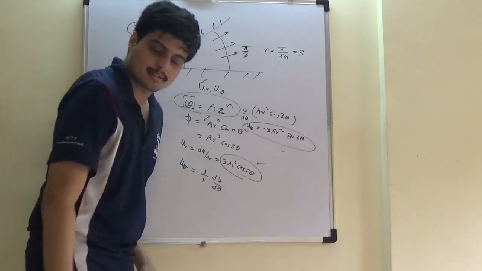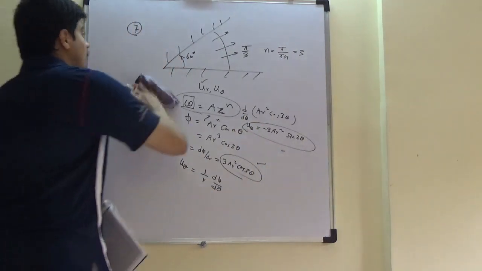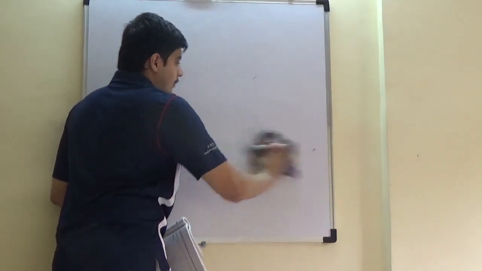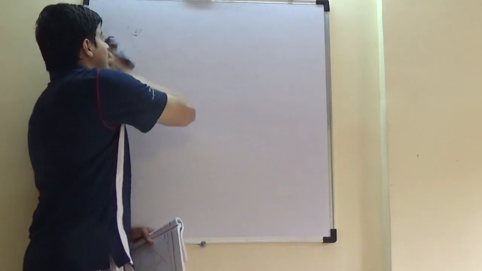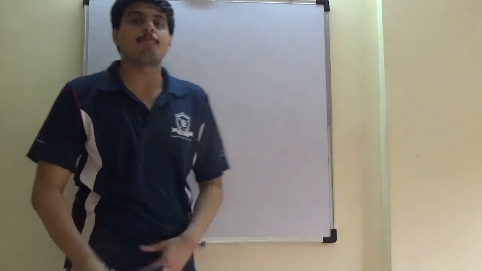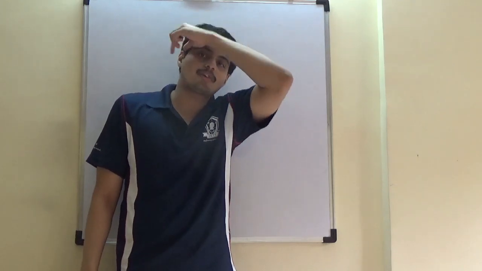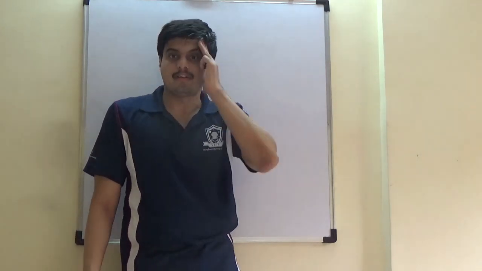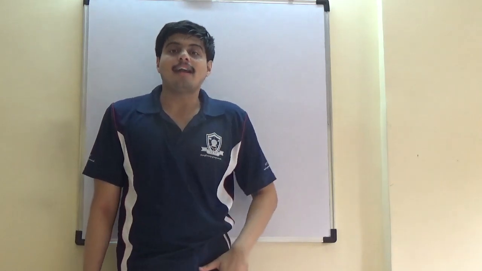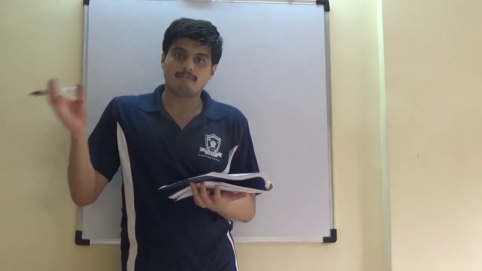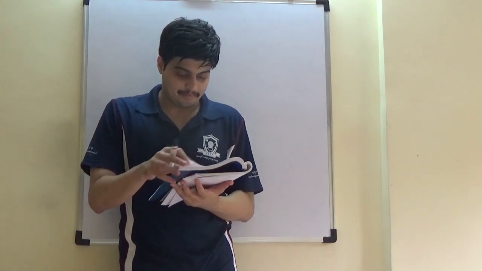So both answers are found out. Some of these questions are very scoring questions. The moment you have understood this complex number analysis without remembering the theory, and remembering the most important point that it is A z raised to n, so it is A r raised to n cos n theta, the potential function, and A r raised to n sin n theta, the imaginary component of streamlines. Right?